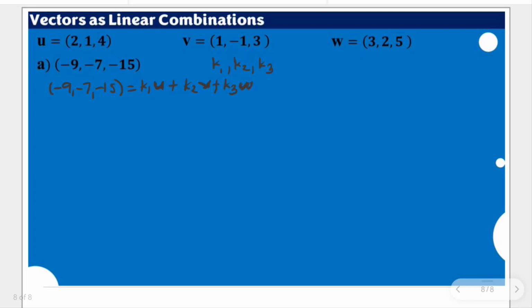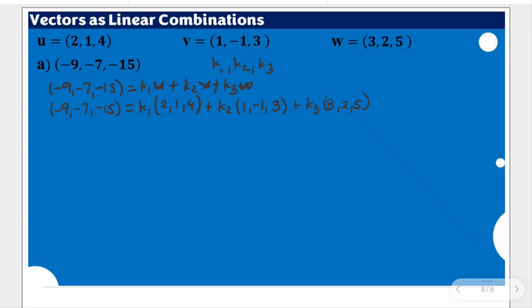Okay, so we'll have -9, -7, -15 equal to k sub 1 times your u, which is 2, 1, and 4, plus k sub 2 times your vector v, which is 1, -1, and 3, plus k sub 3 times w, which is 3, 2, and 5.